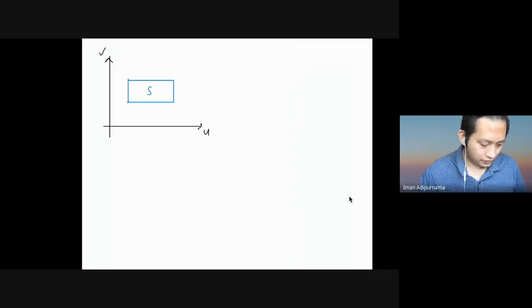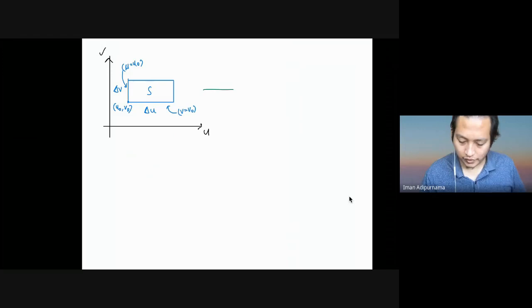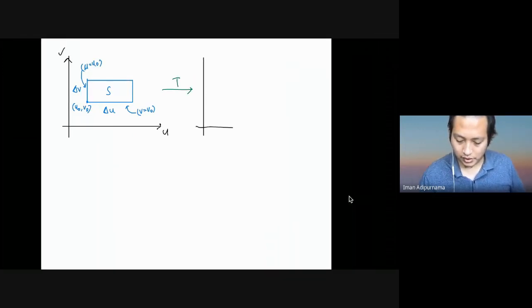Let's say this is delta v and this is delta u, and let's say we have the initial point u0, v0. This is when u is equal to u0, and this is when v is equal to v0. And then we are going to have a transformation to our functions x and y.